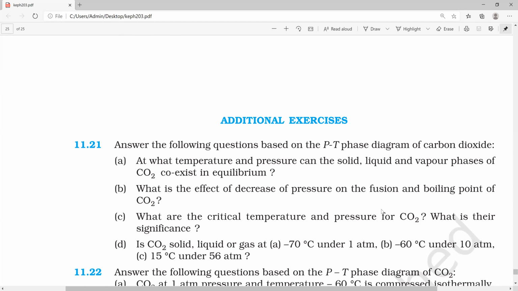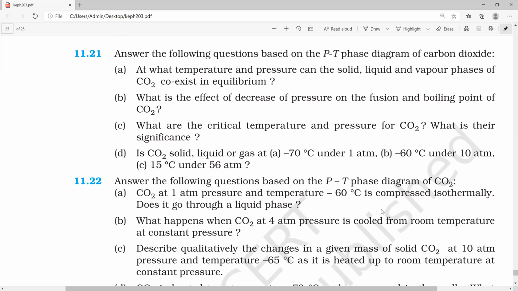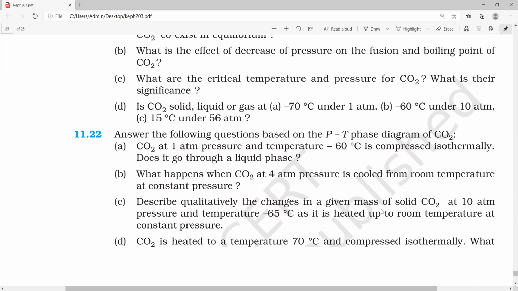So 11.21, 11.22, those are theory concepts it looks like.